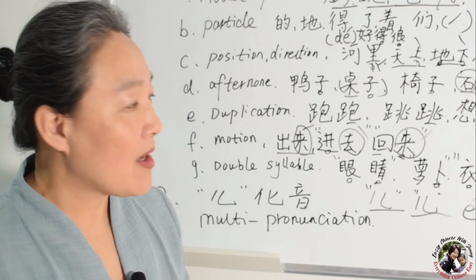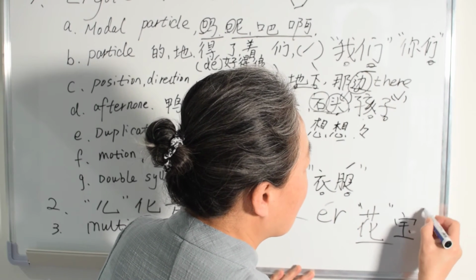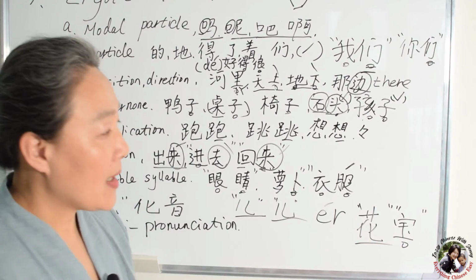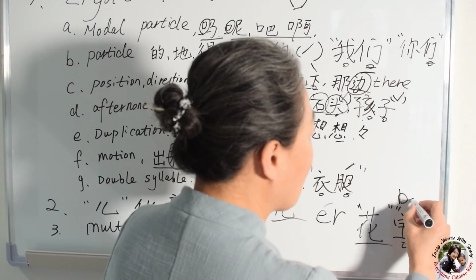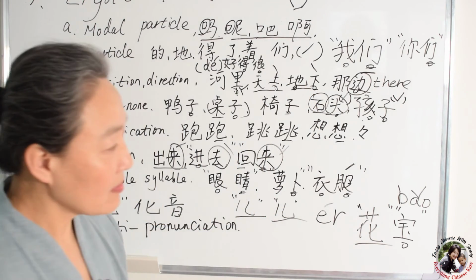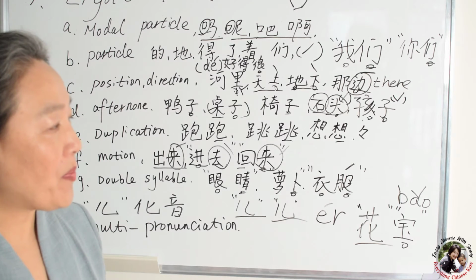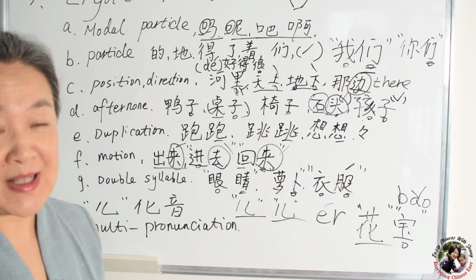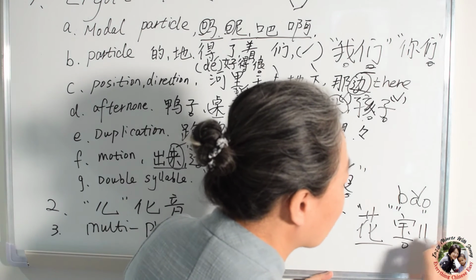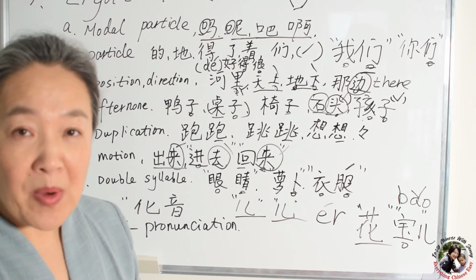For example, if you call your son, remember this character is treasure, 宝. The pinyin is 宝, third tone. Many people like to call their children 宝. Okay, their children are their treasure. But they like to add a sound of 儿: 宝儿.